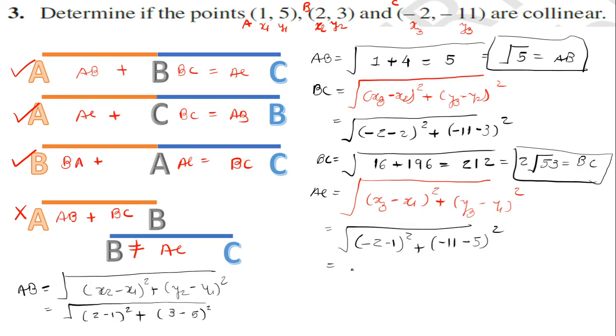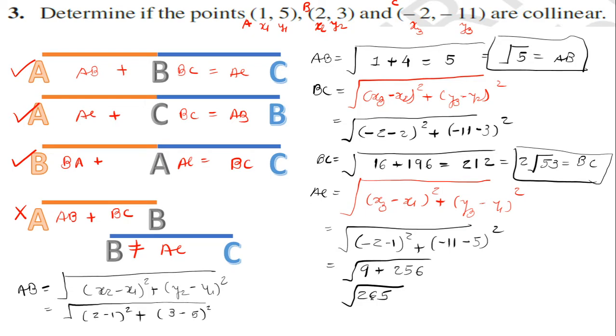Minus 2 minus 1 is minus 3, square is 9, plus minus 11 minus 5 is minus 16, and 16 squared is 256. 256 plus 9 is 265, so it will come under root of 265.